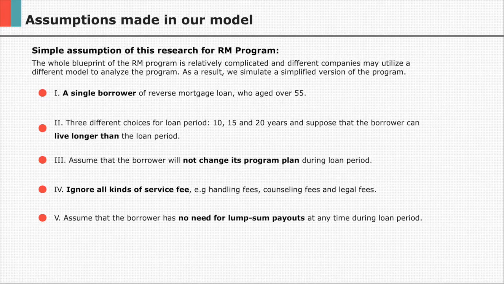The third one is that we assume the borrower will not change their program plan during the loan period. The fourth, we ignore all kinds of service fees, like handling fees, consulting fees and legal fees. The last one is that we assume the borrower has no need for lump sum payouts at any time during the loan period.